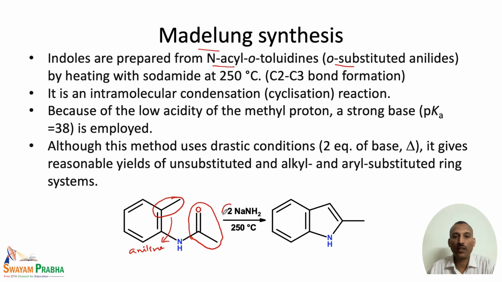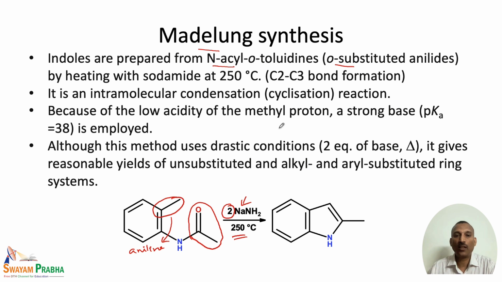When these are heated with sodamide, 2 equivalents of sodamide are used in this reaction at 250 degrees centigrade, that leads to the cyclized product, that is indole is formed. Why do we have to use a strong base, that means sodamide, in this reaction?